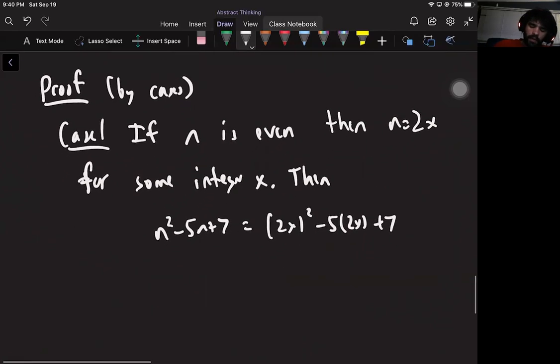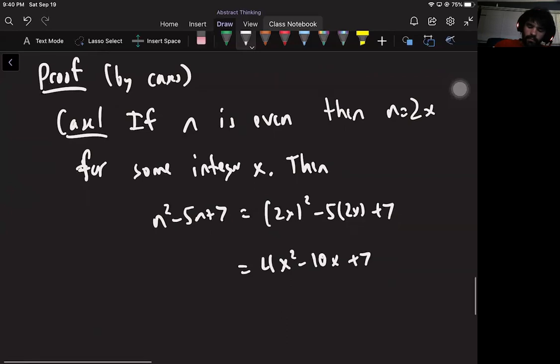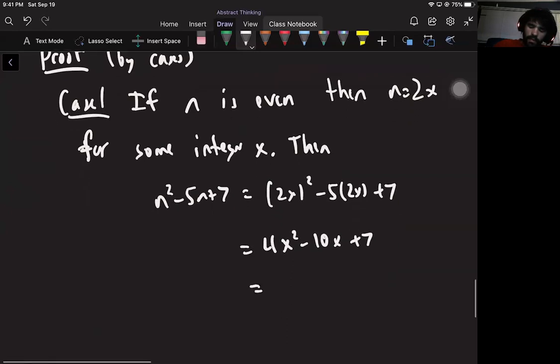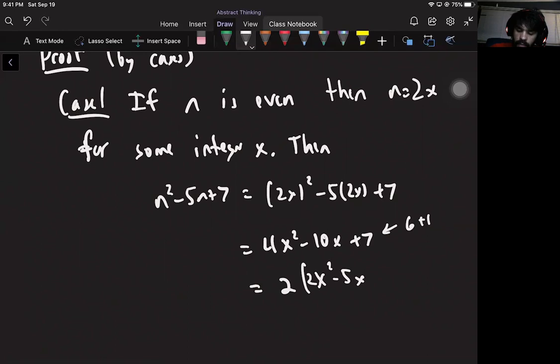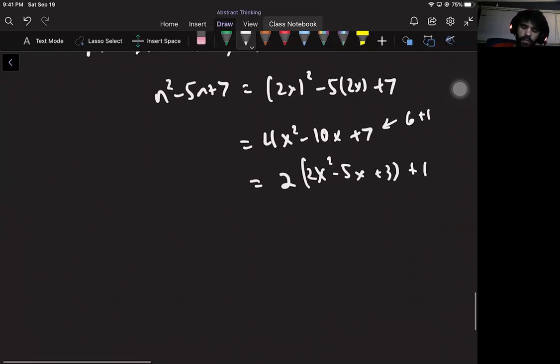And I believe it does because a 2 will factor out of the first two terms. So that will make this be odd automatically. But if you really want to be extra fancy, you have to do a small little trick to make it look just like the definition. So I have to think about 7 as 6 plus 1. That way I can do 2 times something plus 1, which is odd.